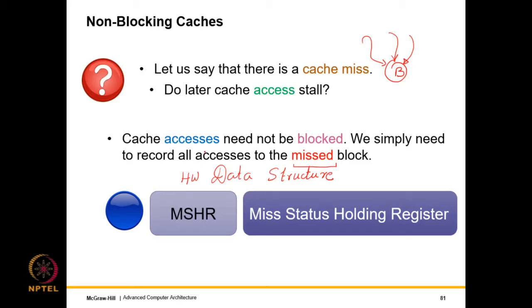So even though I would have been internally motivated to say hardware data structure, in the interest of keeping things consistent and simple, let's call it a hardware structure. This is an MSHR, a miss status holding register, which has a rather intricate structure which we will see next.